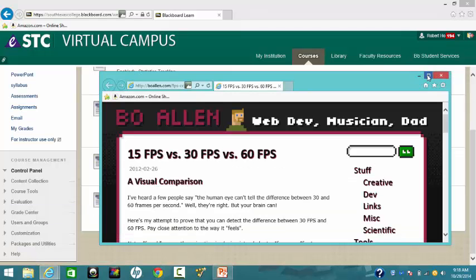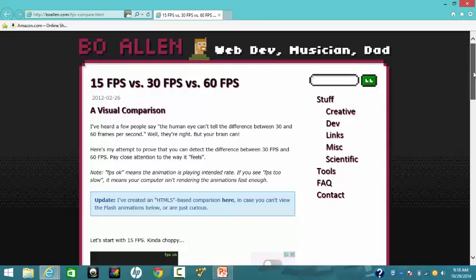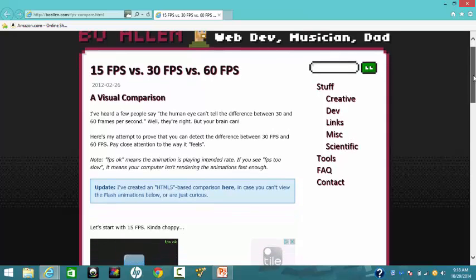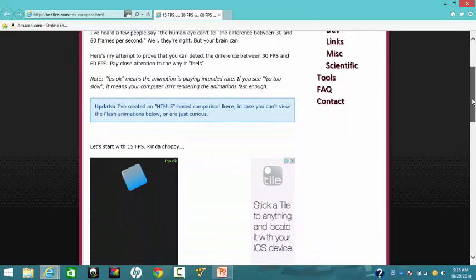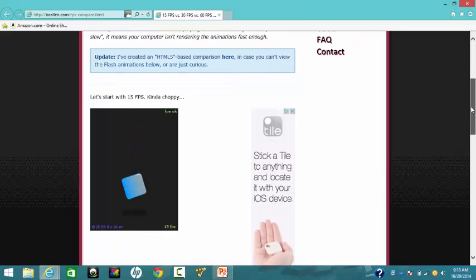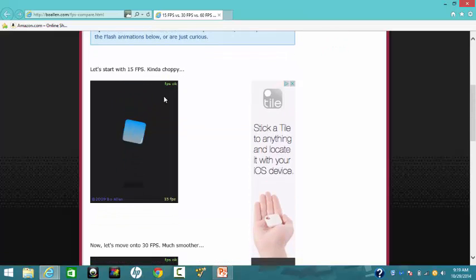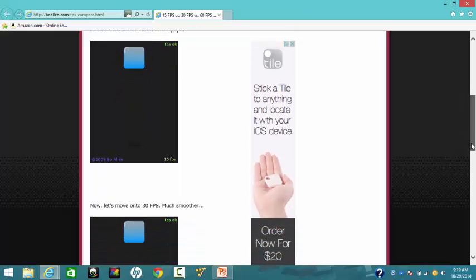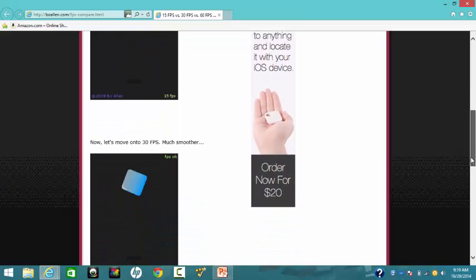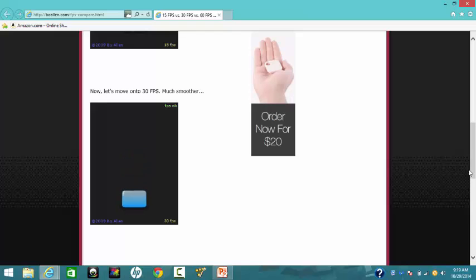Okay, as you can see in this video, let's start with 15 frames per second. It's kind of choppy. You see the lagging here. If I scroll down to the bottom, here we have 30 frames per second, which is much smoother compared to 15.